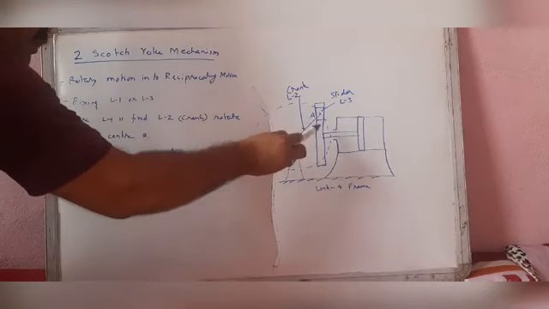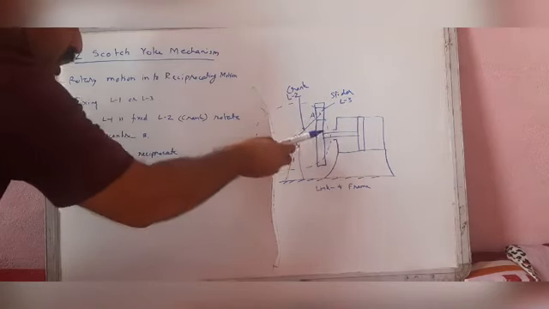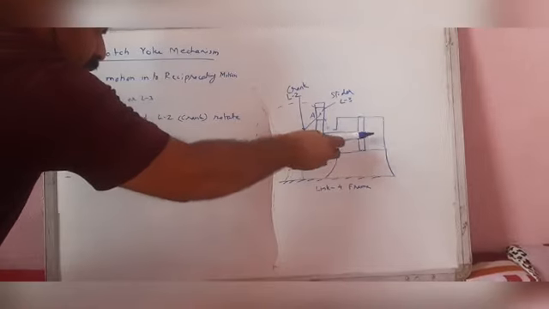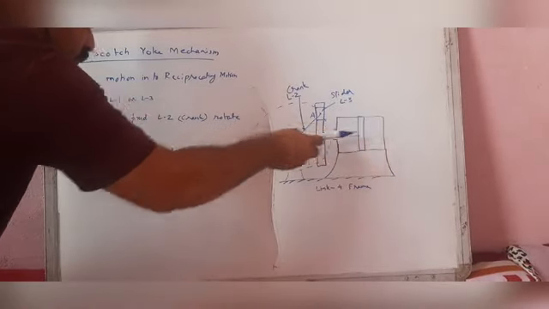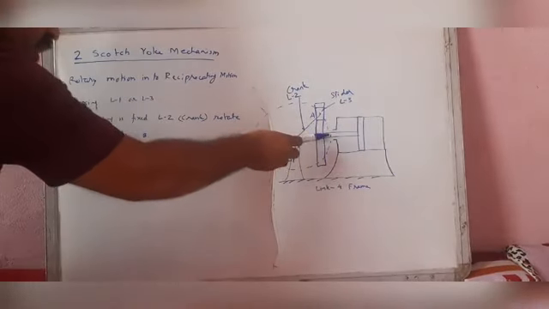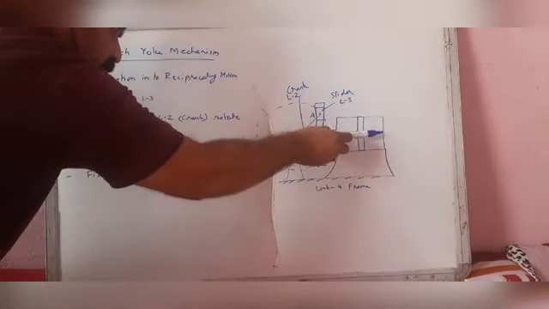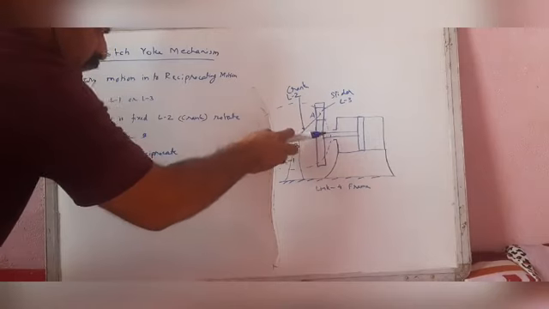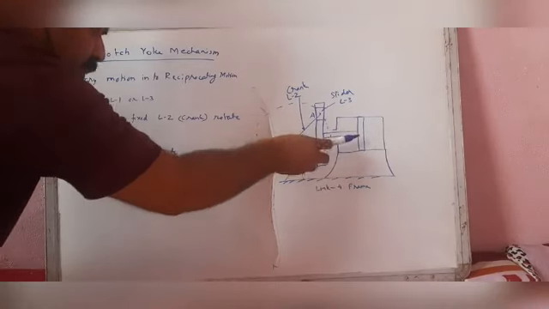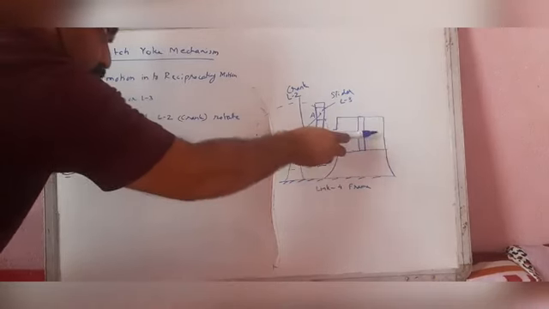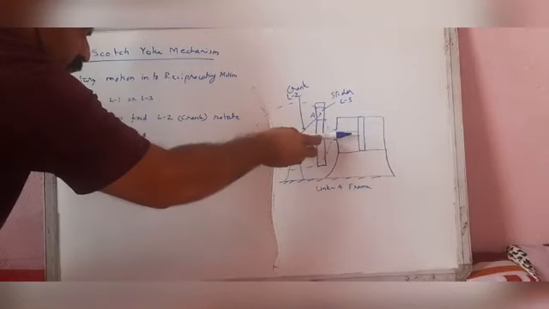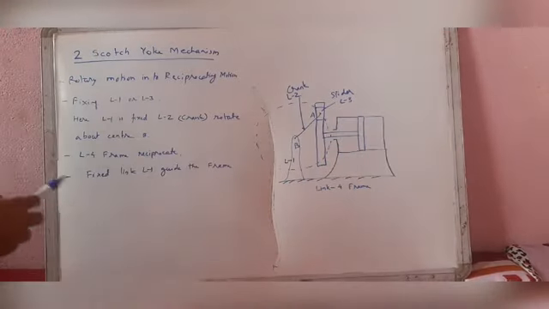So this piston starts moving from right side to left side. At this position, if A is here, the piston will be here. From here, if this slider goes down, the piston comes in the backward direction, to the left side.